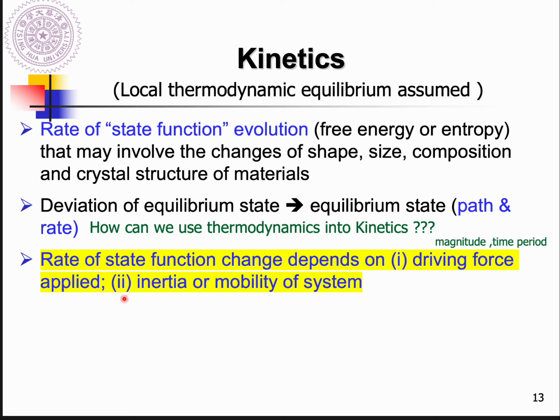And the second part is the system inertia or the mobility of the system. Inertia or mobility means that when I apply a unit of driving force, what is the velocity, or the rate, of this material system.